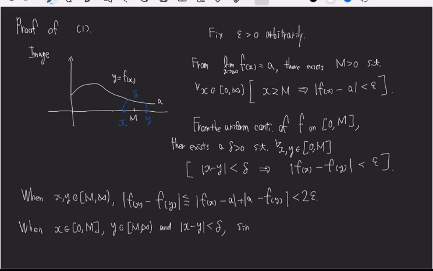You can easily find that the modulus of x minus m is less than or equal to the modulus of x minus y, which is less than delta.